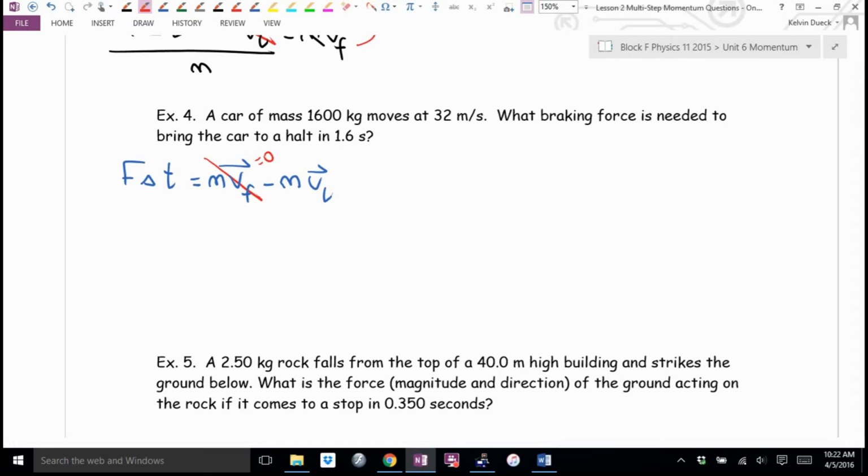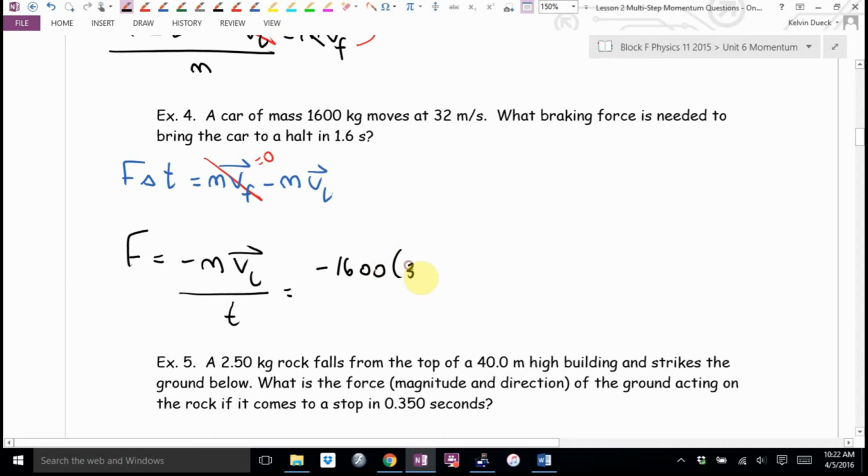How would you get the force by itself? We divide the P over. The force is going to be negative mass times VI over T.